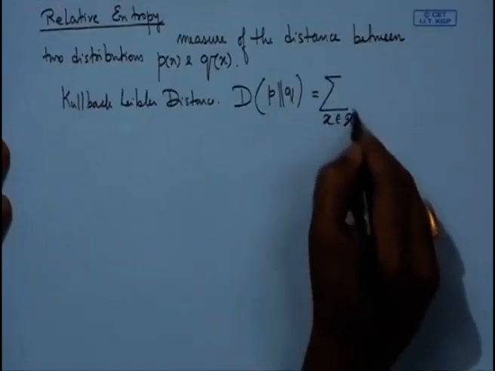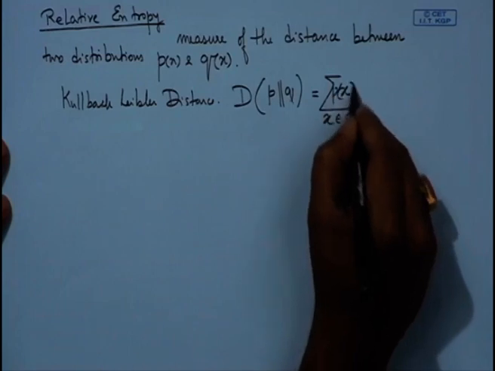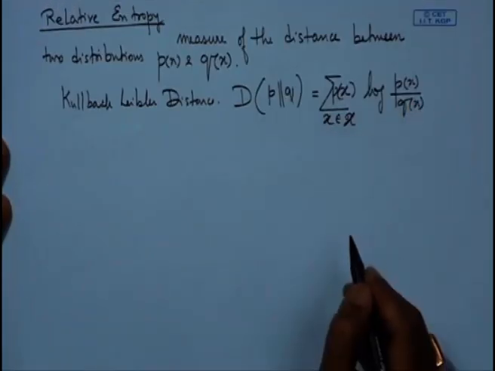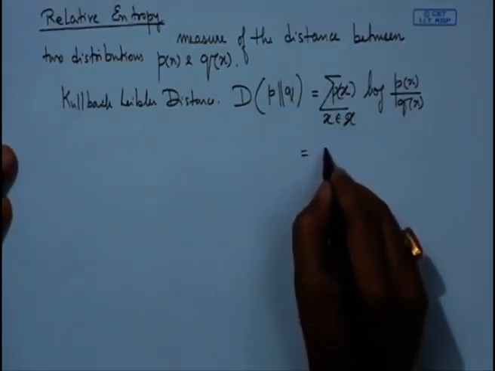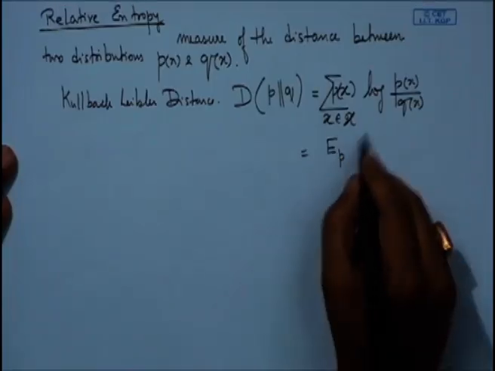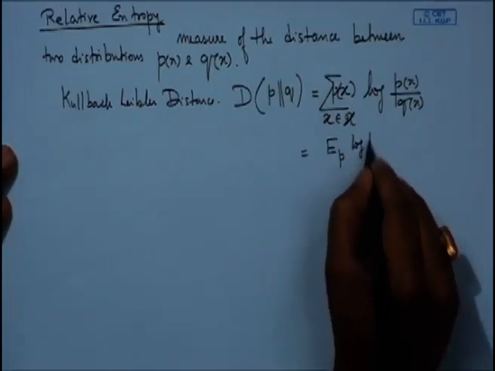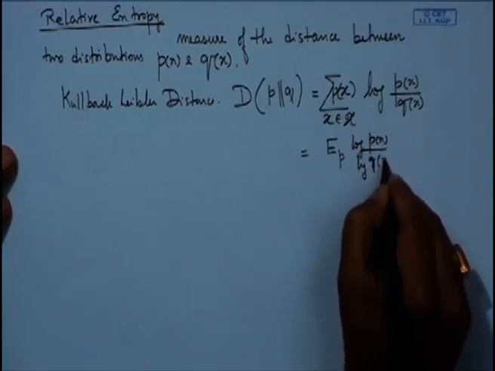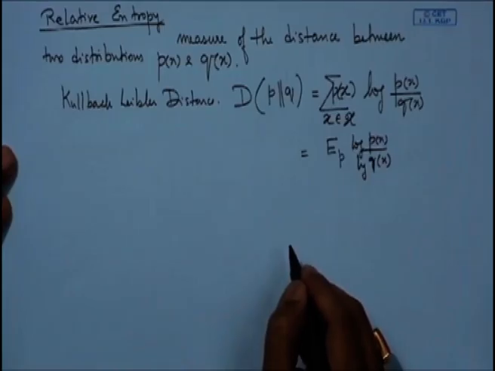The relative entropy or the Kullback-Leibler distance is given as the sum over x element of X of p(x) times log of p(x) over q(x), and this could be written as the expectation over the distribution p of log p(x) over q(x).